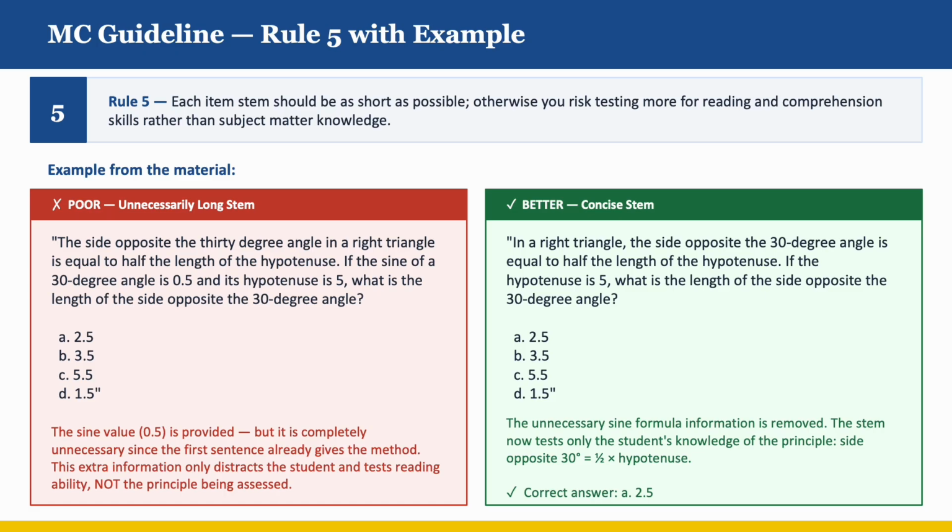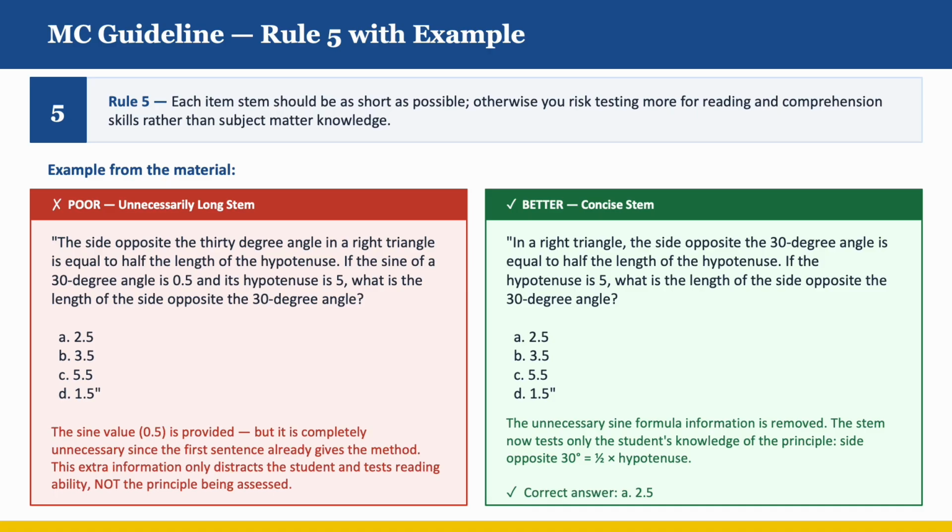So, the side opposite the 30-degree angle in a right triangle is equal to half the length of the hypotenuse. If the sine of a 30-degree angle is 0.5 and its hypotenuse is 5, what is the length of the side opposite the 30-degree angle? So that's a bad version.